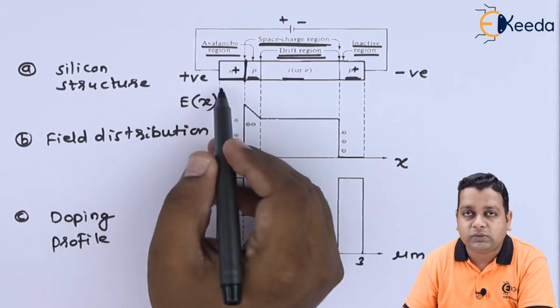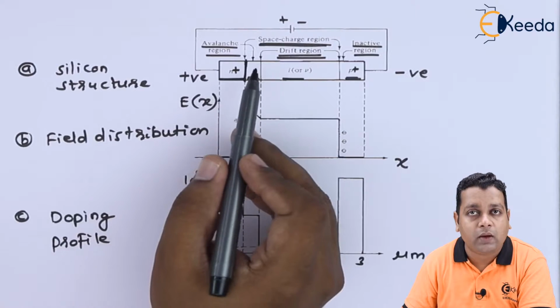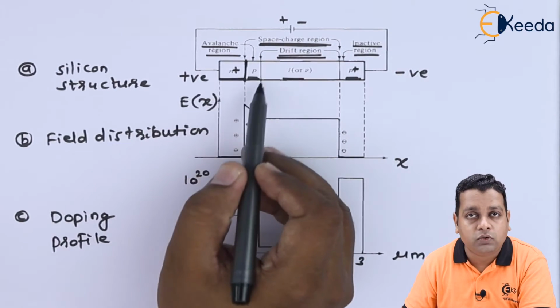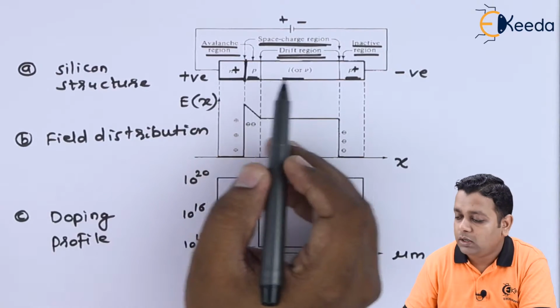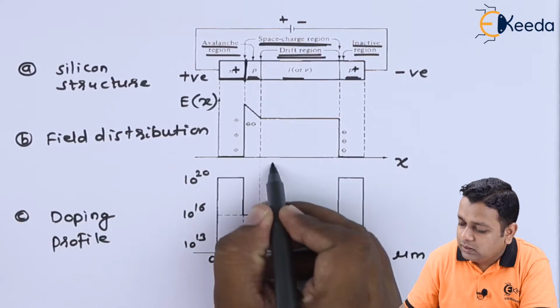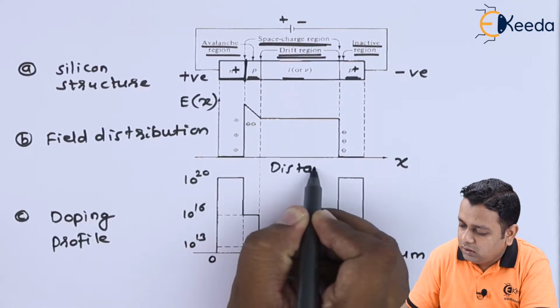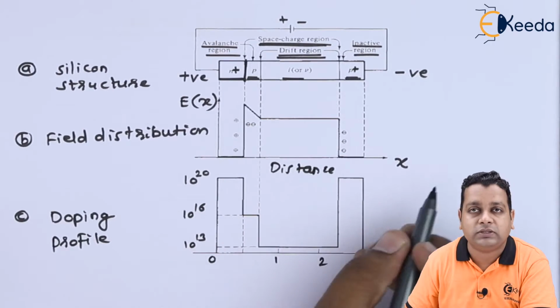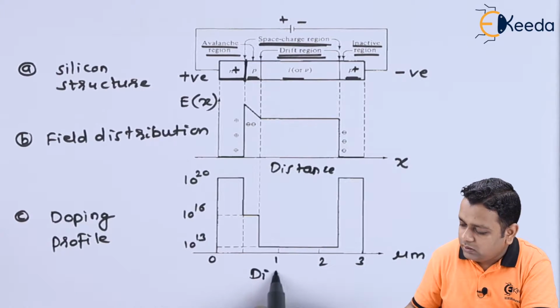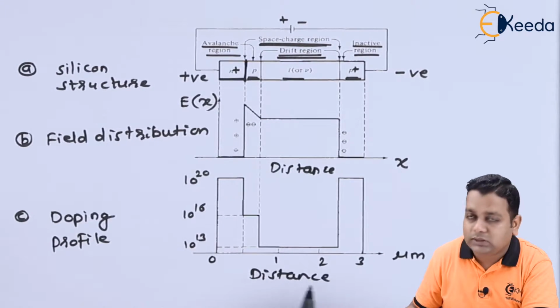Having the reverse bias there, there will be the avalanche effect in the p-type region, and whatever high field domain there is, it has to drift throughout this intrinsic region. As for the distance we have taken on this axis, represented with x or in terms of micrometers, both are the distance axis.